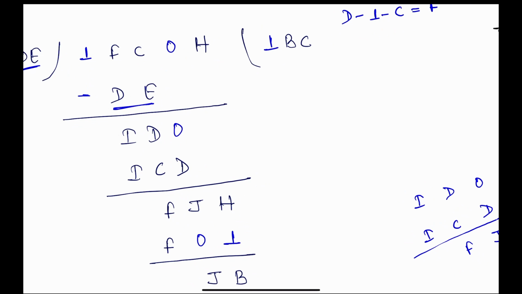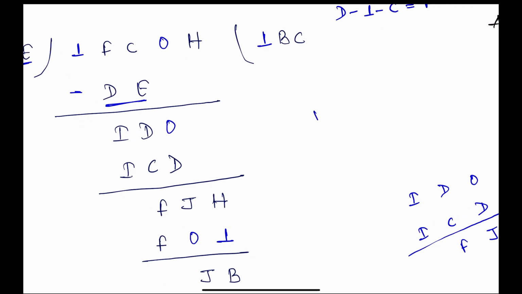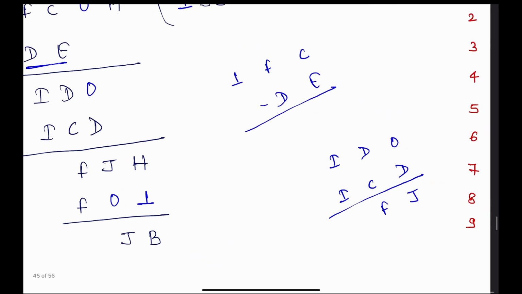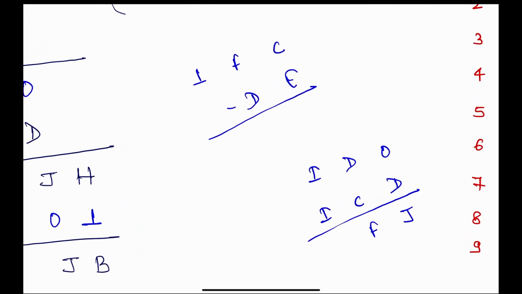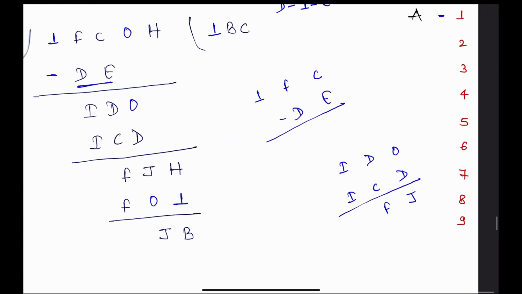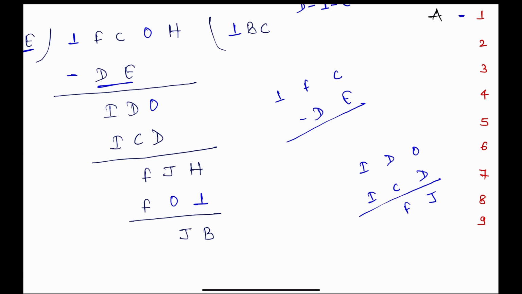Let me bring the first value, that is 1 f c minus d e. Okay, if I bring this one, c minus e, it might be possible.